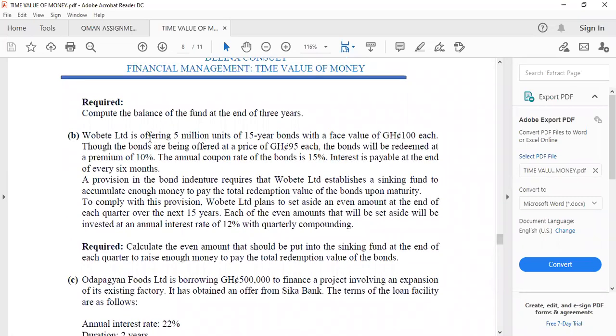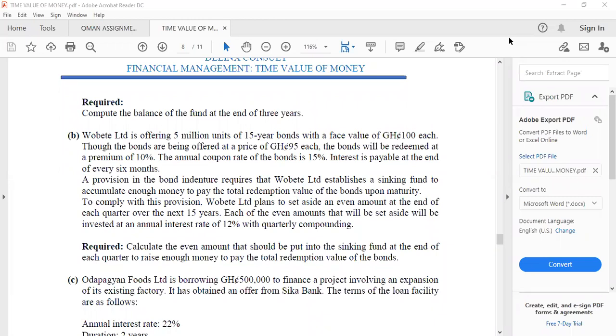OBT Limited is offering 5 million units of 15-year bonds with a face value of 100 each. Can we move on now?